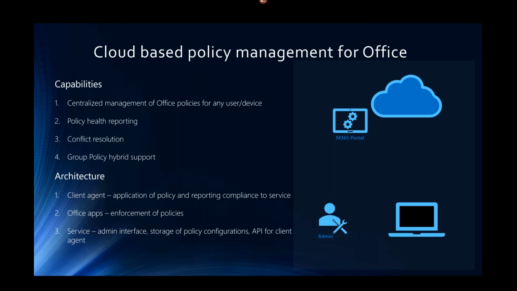So the way it basically works is when a user starts up the Office 365 Pro Plus applications, whether it's Word or Outlook or whatever, that application is going to go out to the service and it's going to verify that the user is licensed.